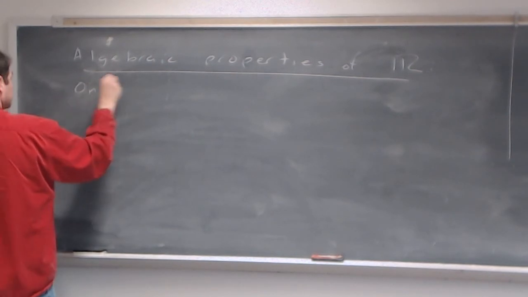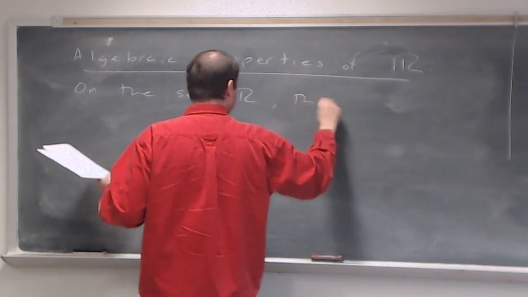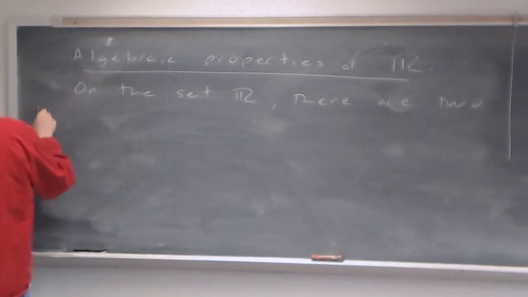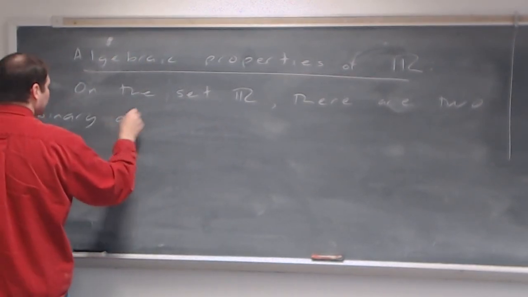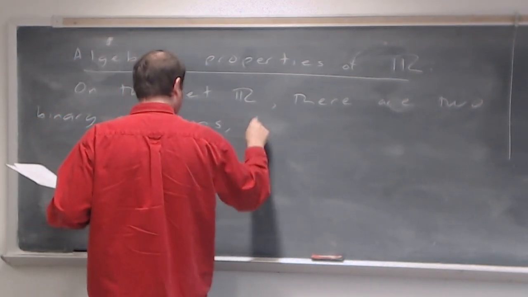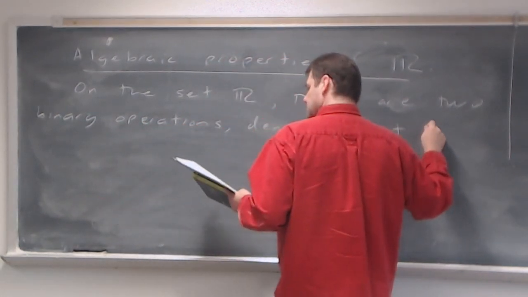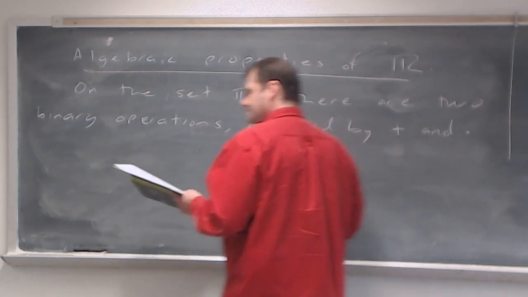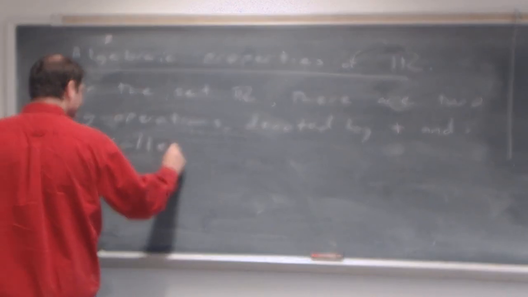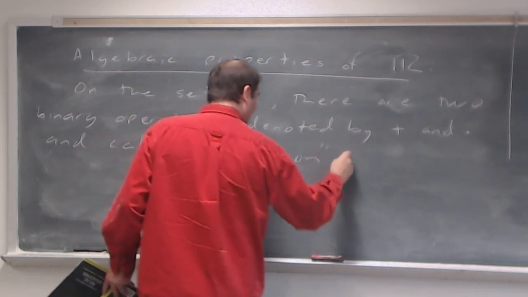It says on the set R there are 2 binary operations denoted by plus and dot and called addition and multiplication.